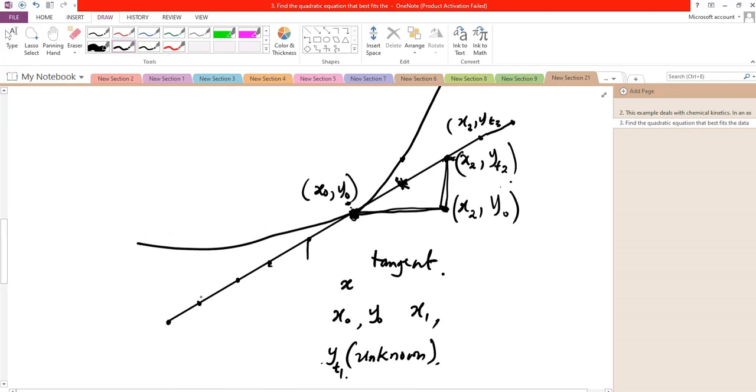Now the distance from here to here is x subscript 2 minus x subscript 0. So assuming the constants are the same, here is 2h, 2 times h. Now the length between this and this is y subscript t2 minus y subscript 0.